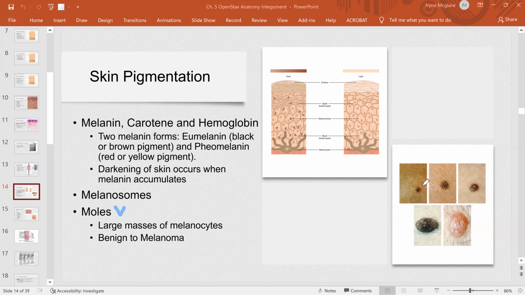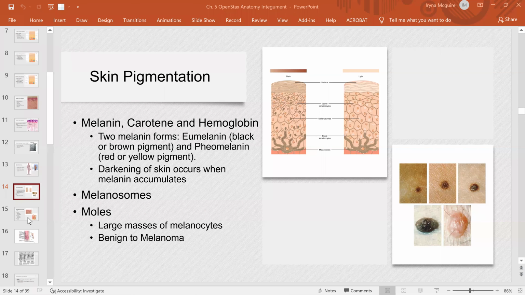So my melanocytes just like to form those masses instead of being equally distributed through my stratum basale, right? Well, unfortunately, some masses of melanocytes can form melanoma, but most of them are benign. And melanoma is a cancer of melanocytes, very aggressive.